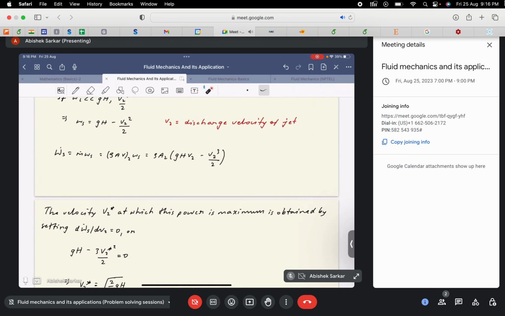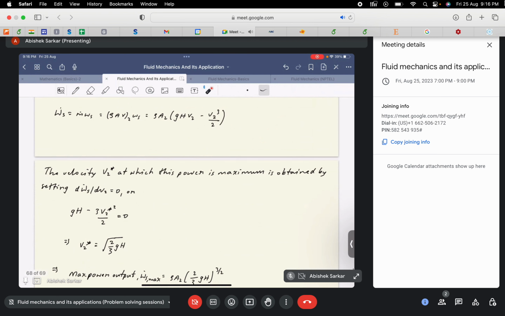So in order to have that, the first derivative of Ws dot with respect to V2 should be equal to 0 for maximum. This is exactly written here. We take the first derivative of the net shaft work with respect to the velocity at the exit.